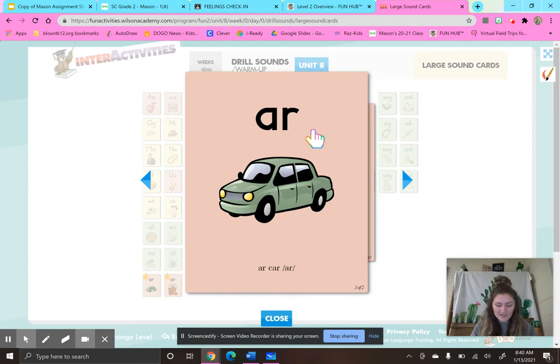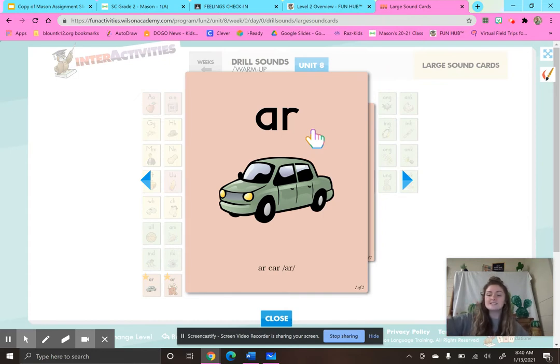All right, and we are going to talk about how to mark up these syllables. Here is our word of the day. Our word of the day is harm. Let's clap the syllables in harm. Harm.